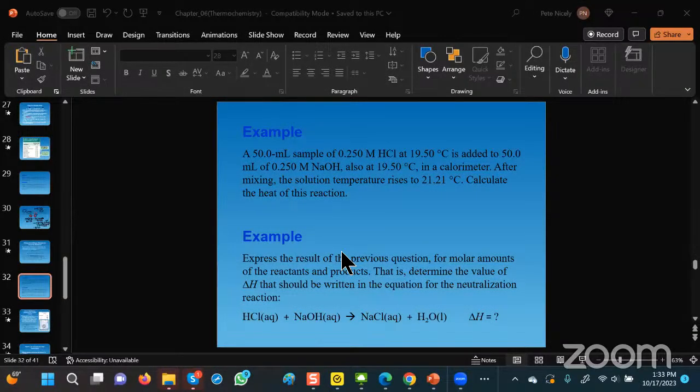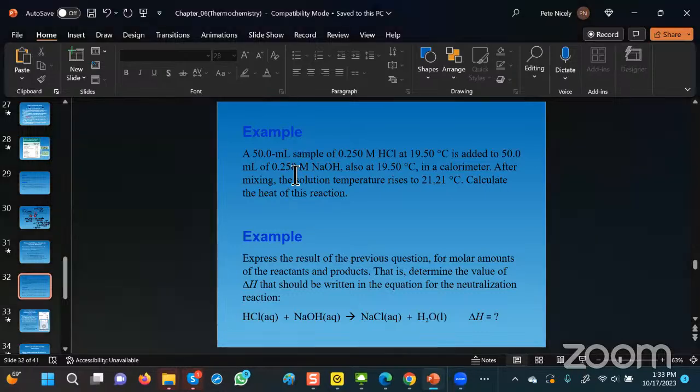Okay, so basically you're mixing sodium hydroxide, 50 mL, 0.250 M at 19.50 degrees Celsius, with hydrochloric acid, same molarity, same temperature, in a calorimeter. And it says the solution temperature rises to 21.21 degrees Celsius. So the question asks us to calculate the heat of this reaction.